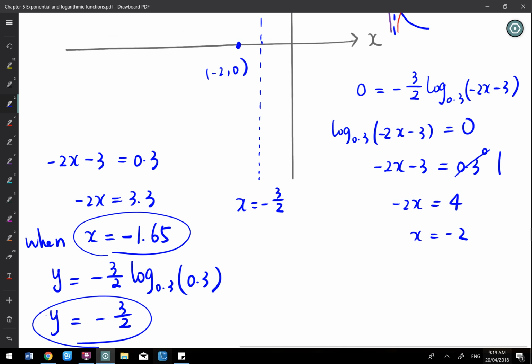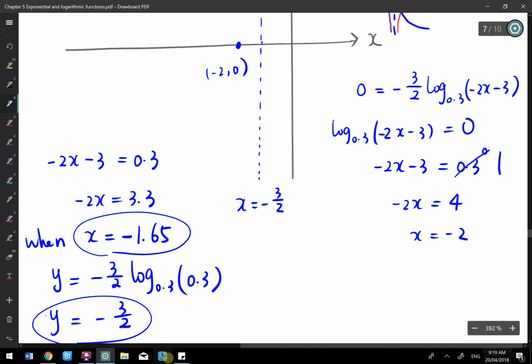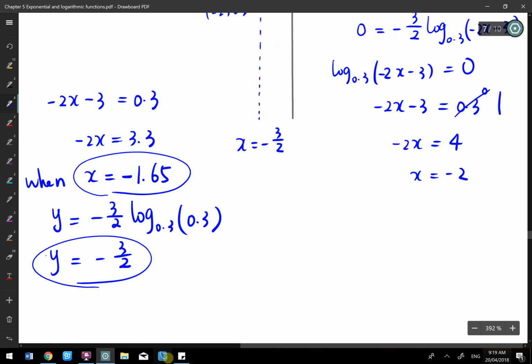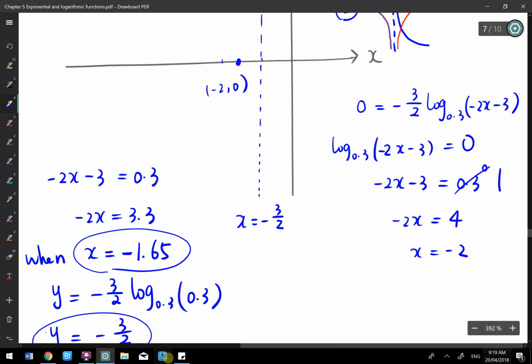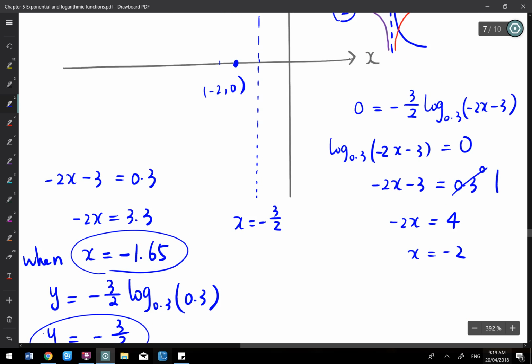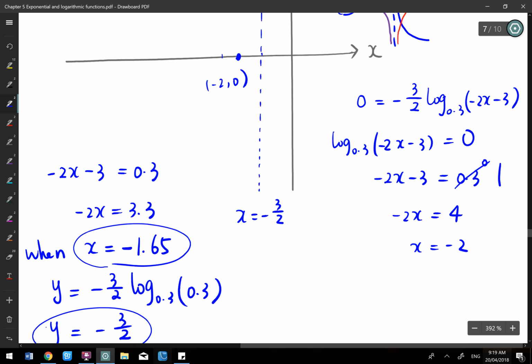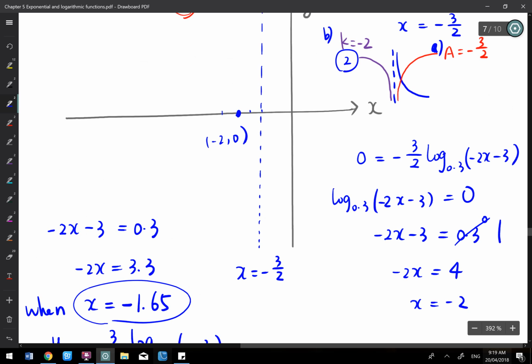So minus 1.65, which is here, and minus 1.5 is here.